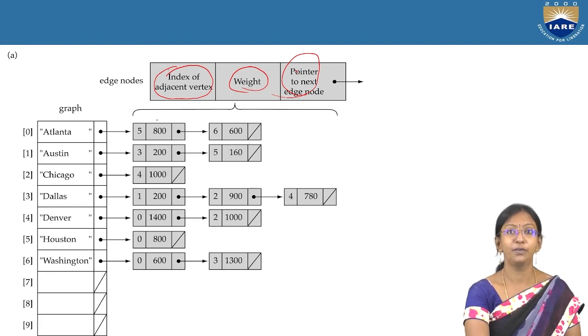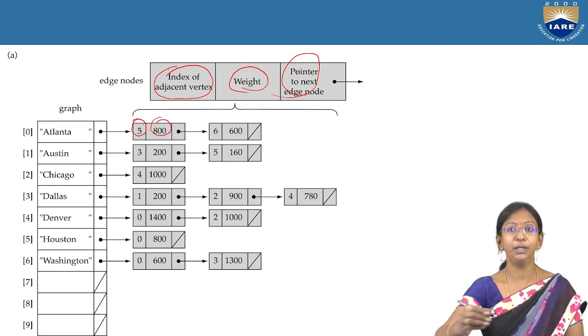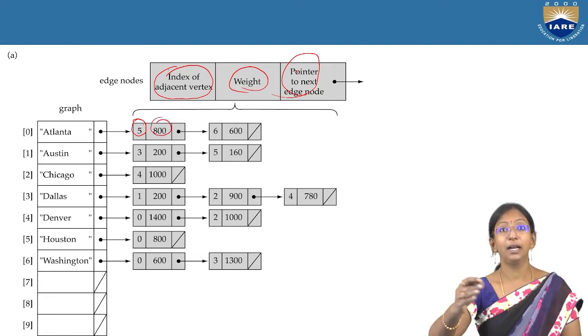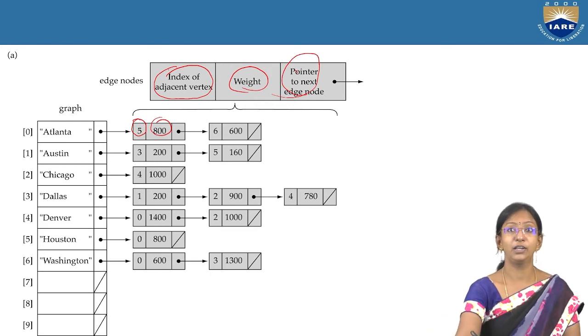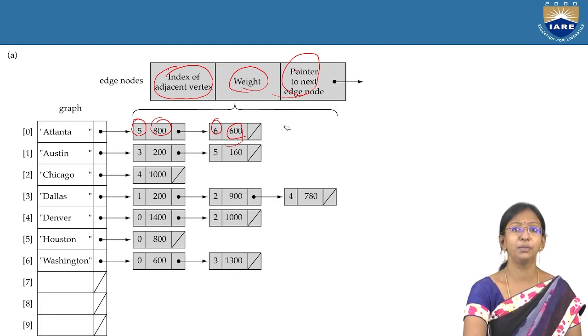So node 5 is given and the weight which is going to connect them is 800, right? Coming to the next one, Atlanta is also sharing an edge with Washington, right? So 6, and the distance, let's say it is distance, the distance is 600, which is placed in the middle.